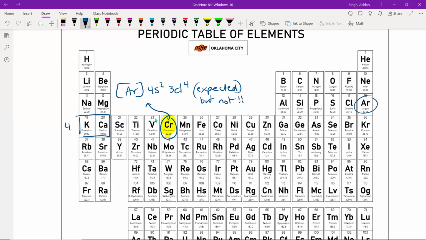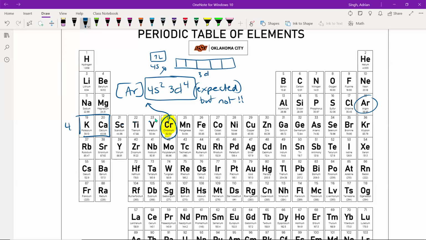but it's not this. And why is it not? Well, if we take a look at these electrons and show them in our electron orbital diagram, there's my 4s with 2 electrons in it, and then my 3d. Remember, the d's have 5 equivalent orbitals, so 1, 2, 3, 4, 5. This is my 3d subshell with the 5 d orbitals.